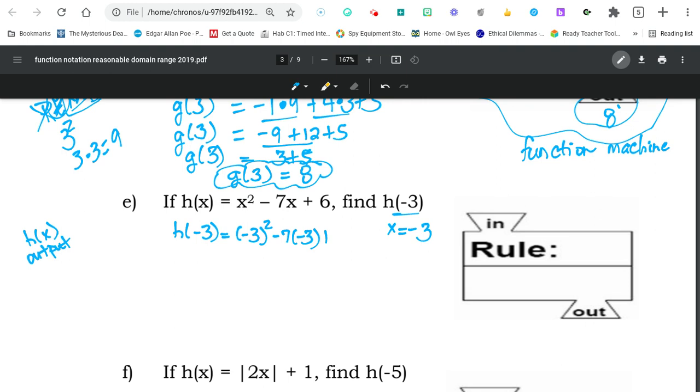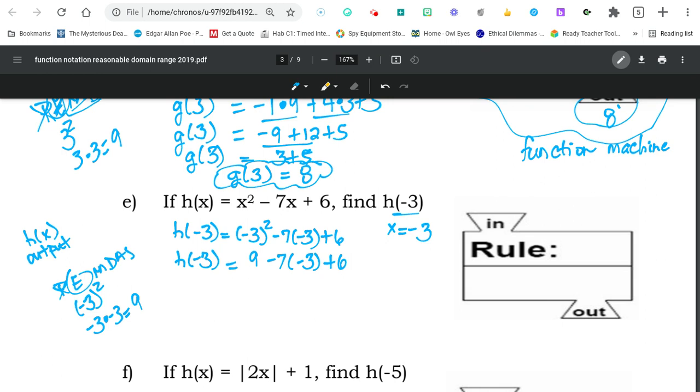I could have used a dot for multiplication. All right, so follow order of operations when you have multiple operations. No parentheses. Well, you do have parentheses. There's nothing to do inside of them. Exponent, yes. Negative 3 to the second power is simply negative 3 times negative 3, which is positive 9.